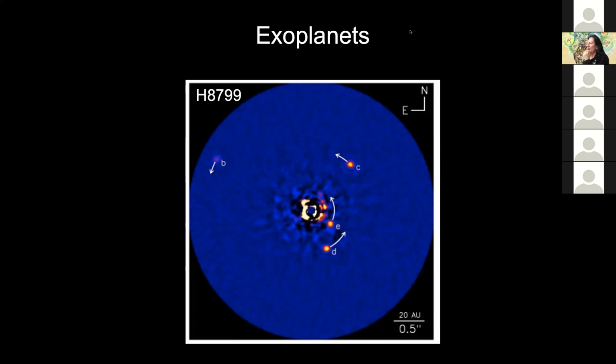Of course, you need to have the perfect stellar system, a face-on system where you see the central star. Actually, this is a masked central star, and then you have the planets that orbit around. With multiple observations of this system, astronomers were able to find the orbital motion.